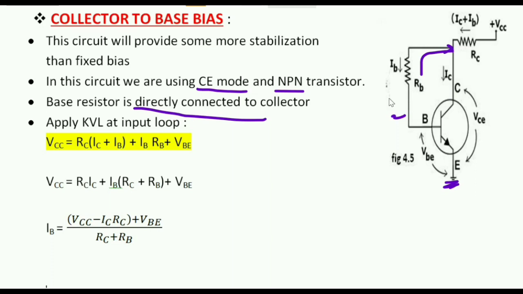To analyze the circuit, now apply KVL at the input loop. This is the input loop. In the collector to base bias circuit, we are supplying only a single voltage source.